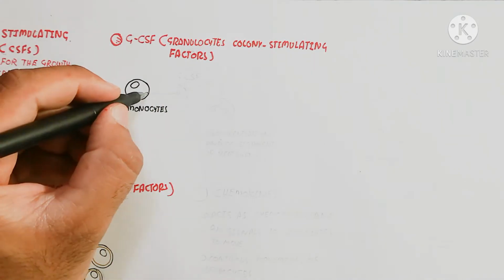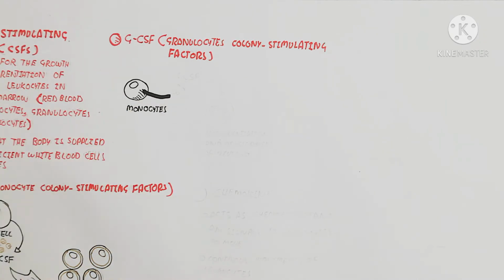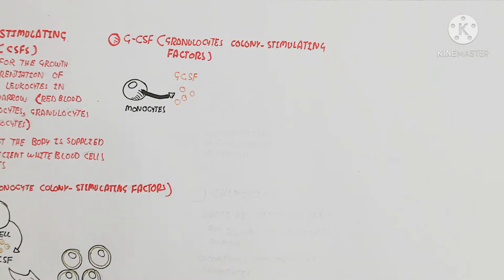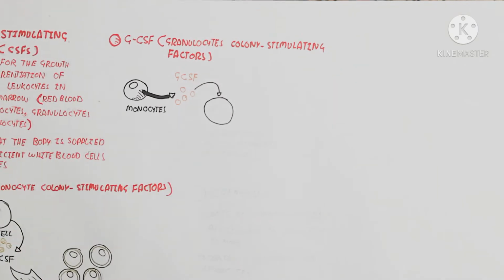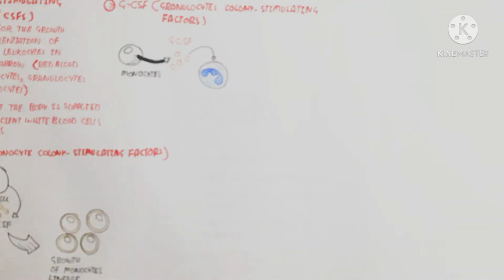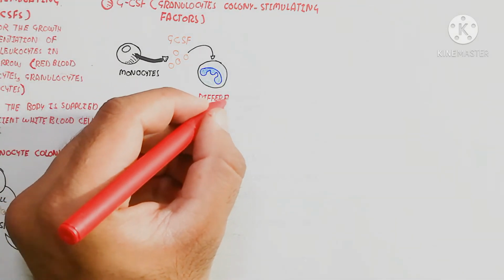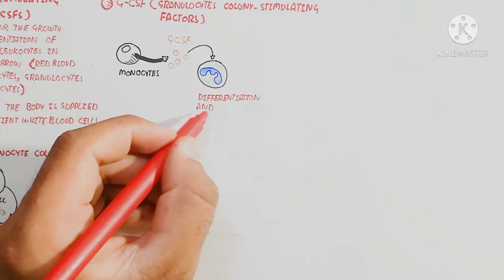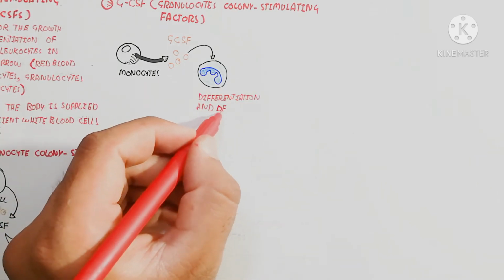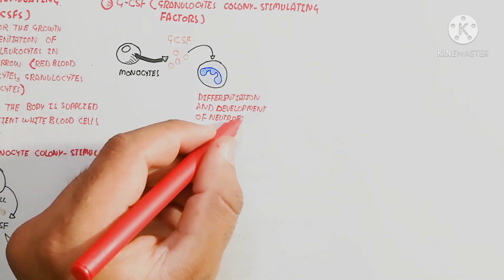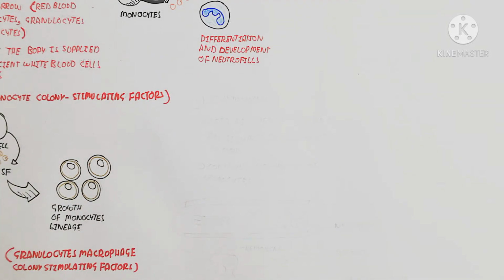So the monocyte produces CSF, and this basically stimulates the differentiation and development of neutrophils. It means the colony of the granulocyte is stimulated by the cytokines the monocyte produces.